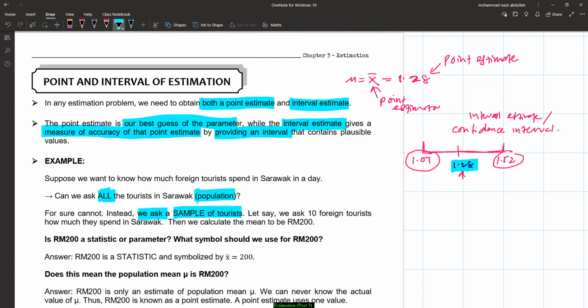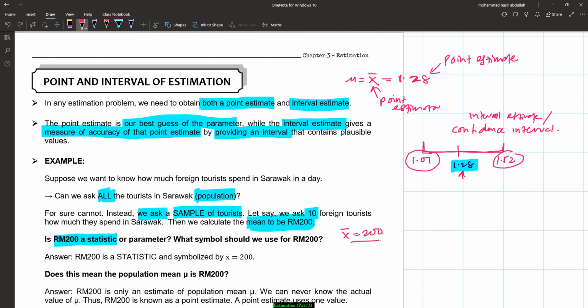Let's say we ask 10 foreign tourists how much they spend in Sarawak, and then calculate the mean to be, let's say, 200. So 200 is a statistic, so we should use x bar for 200.